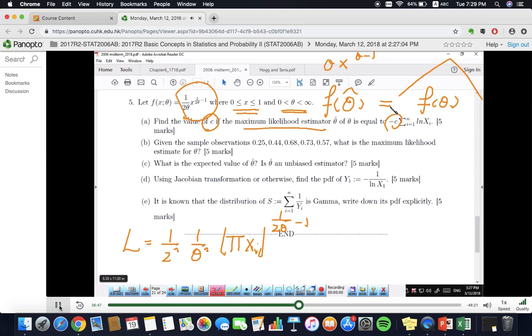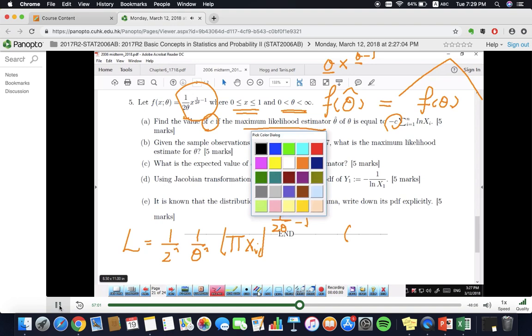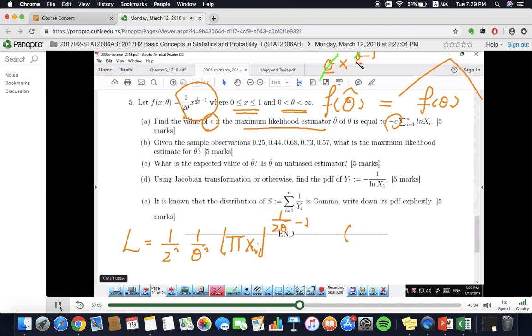Now what is the difference between this exercise and the questions before? Before we had theta here, and perhaps I changed the symbols in the last exercise. I called it phi. I told you that if we use phi instead, in the last exam question, phi hat, what is the MLE?